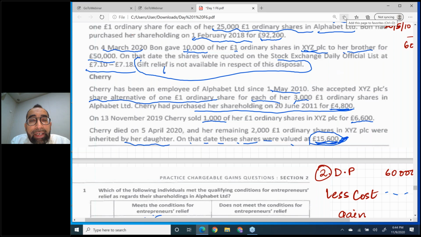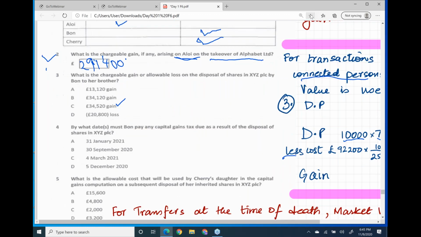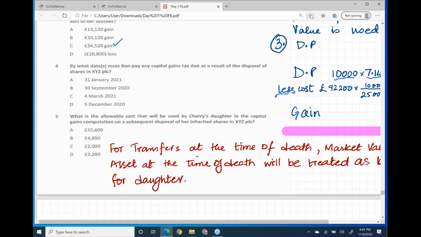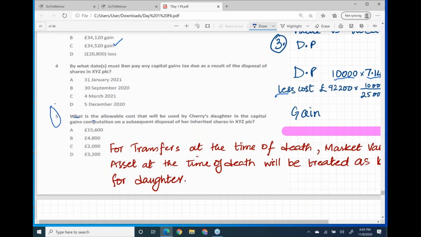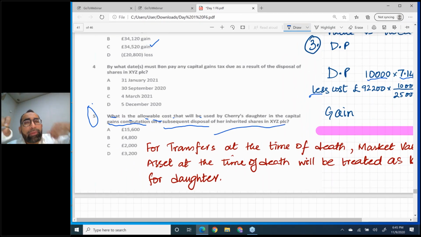Okay, let's read requirement number 5. What is the allowable cost that will be used by Cherry's daughter in the capital gains computation on a subsequent disposal in future?